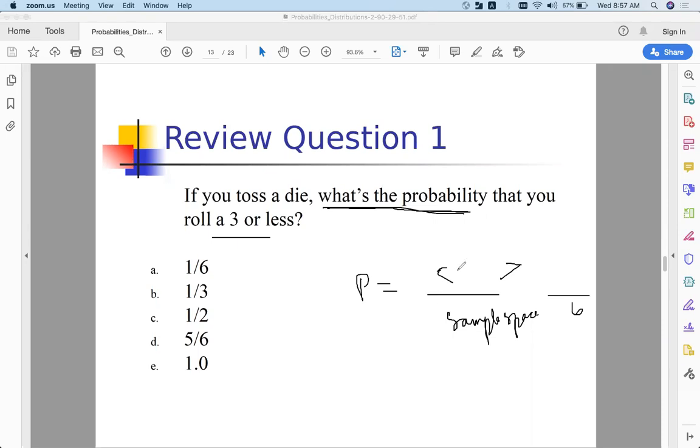What is the definition? 3. Okay, 3. What is the answer? 1 by 2. Is it clear now? We solved it. So basically the definition is favorable outcomes divided by sample space. Any other doubt? Anyone has any confusion on this?